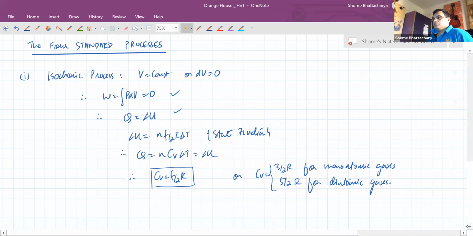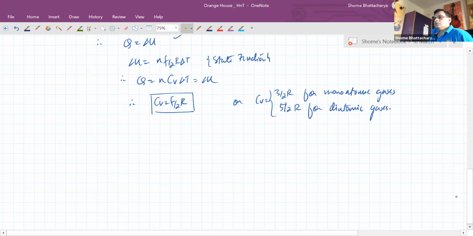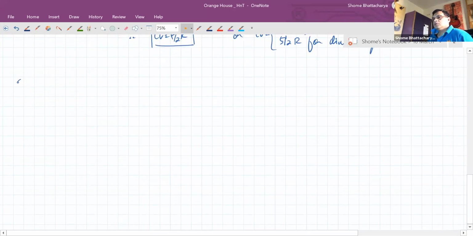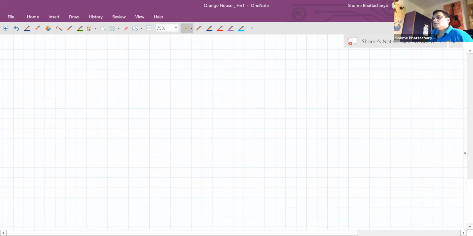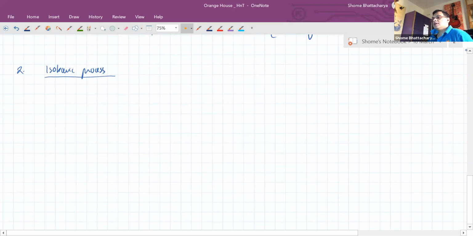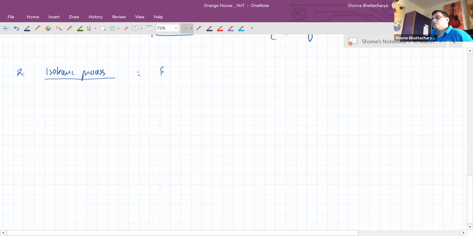Okay, next up, we've seen the second type of standard process, which was the isobaric process. I'm just doing a quick recap of these things because you already know these from chemistry. So isobaric means pressure is constant, or change in pressure is zero.